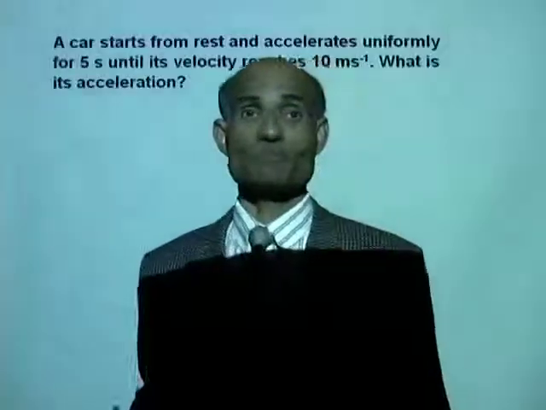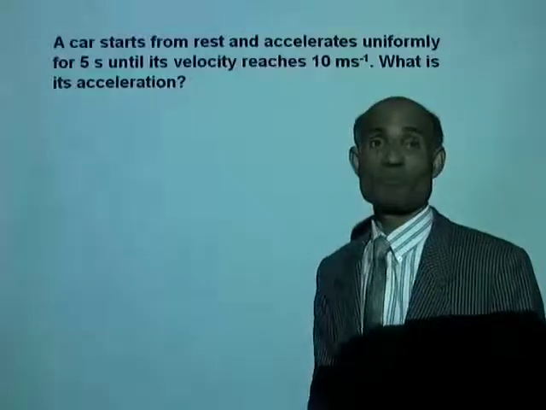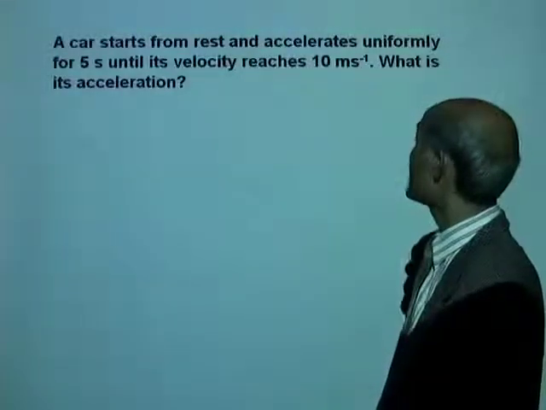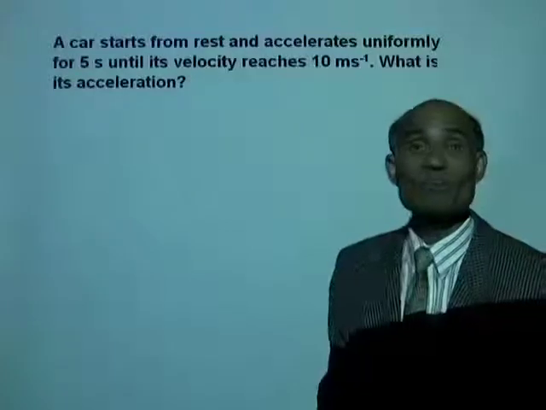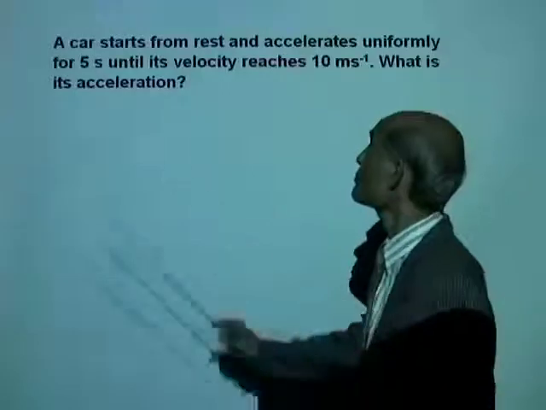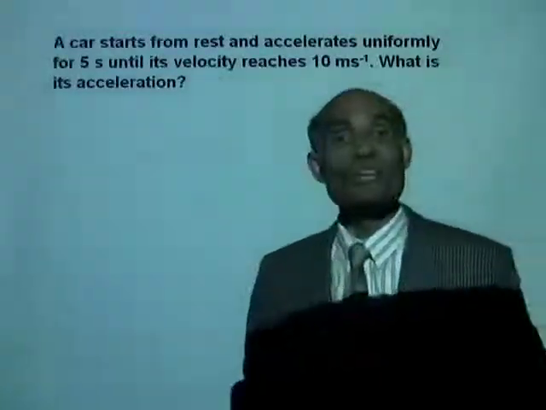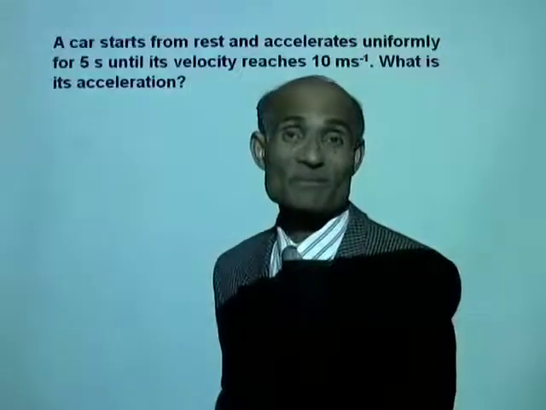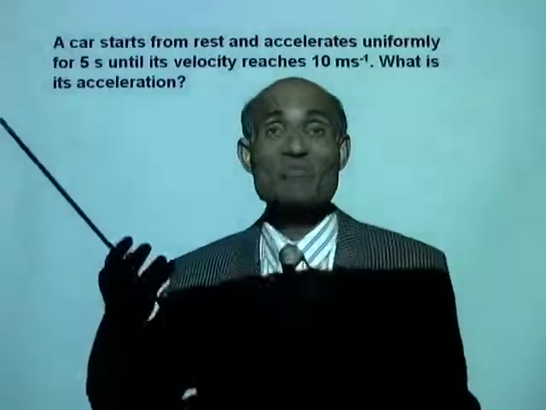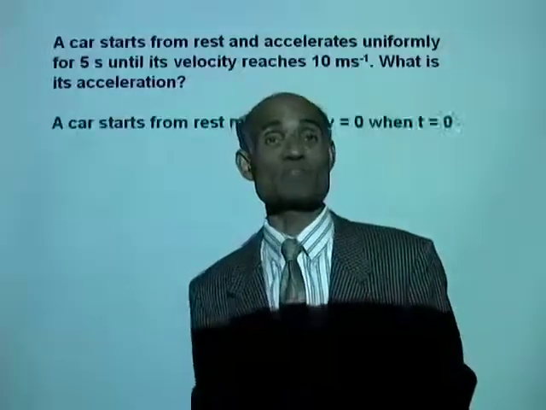Okay, let's do a small problem. A car starts from rest and accelerates uniformly for 5 seconds until its velocity reaches 10 meters per second. What is its acceleration? Well, that is a fundamental problem which can be done very easily by using the definition of acceleration.